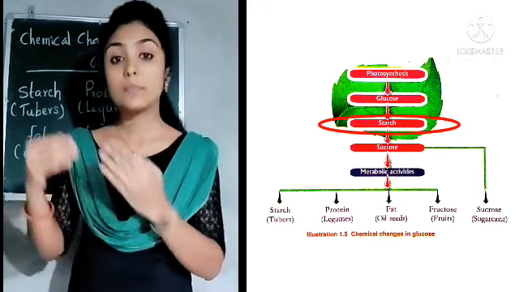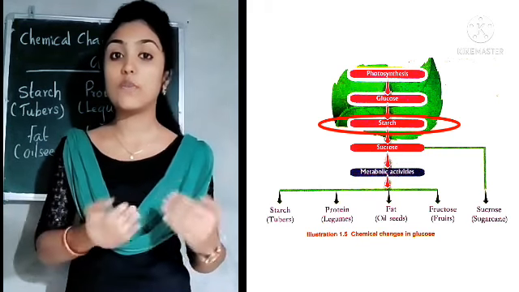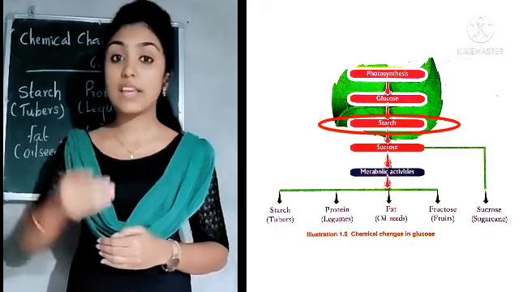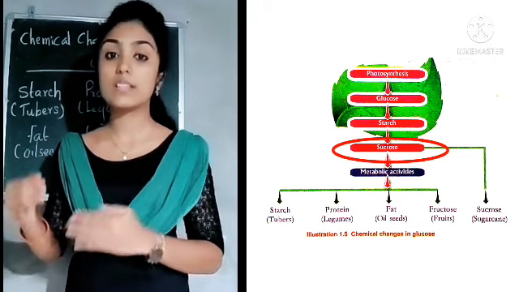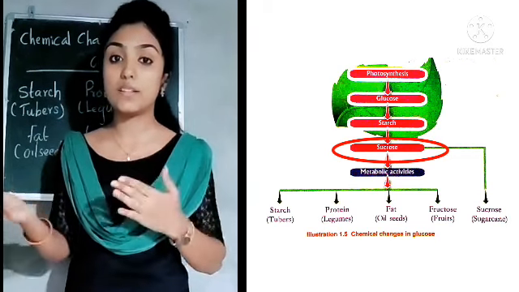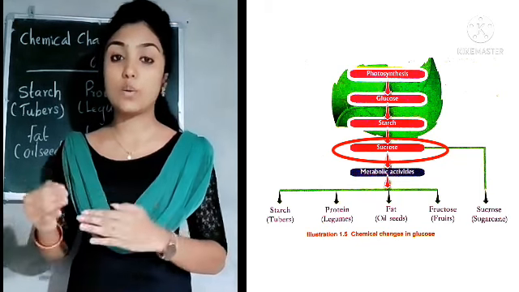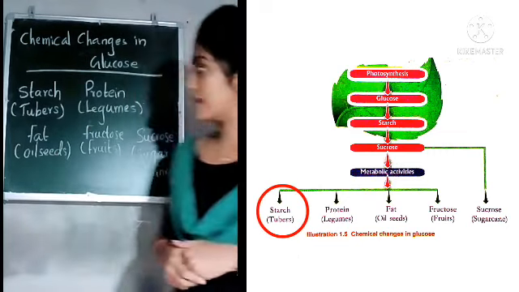Plants use this starch for their life activities and also for growth. And later, this starch is again converted into sucrose. This sucrose is transported to different parts of the plant body through phloem and is stored in different parts of the plant body. Now let us see.